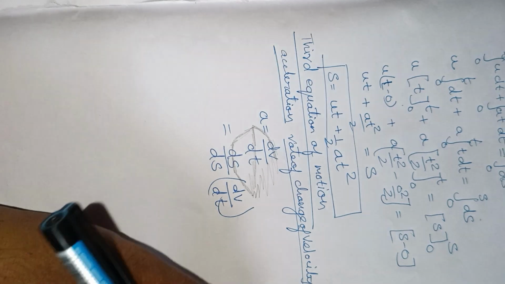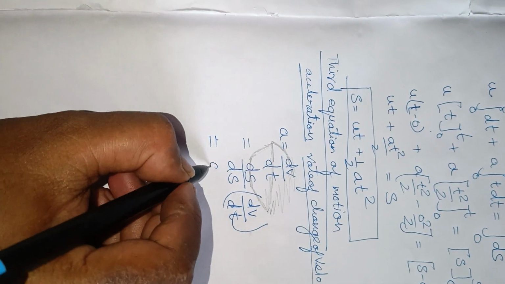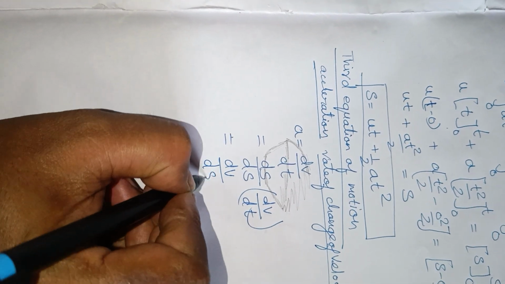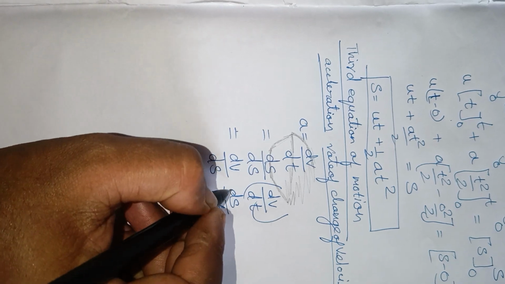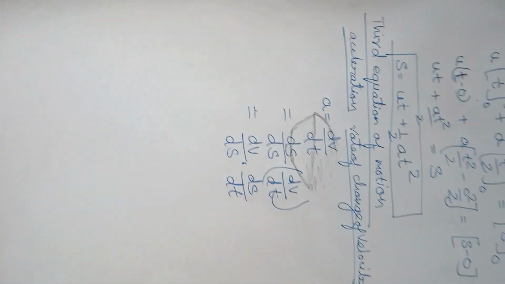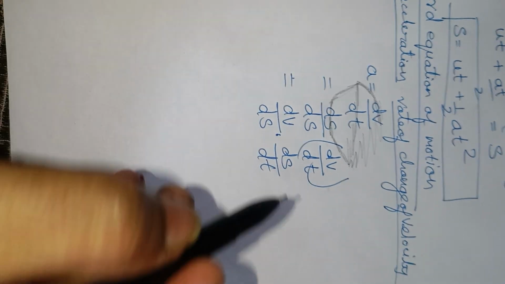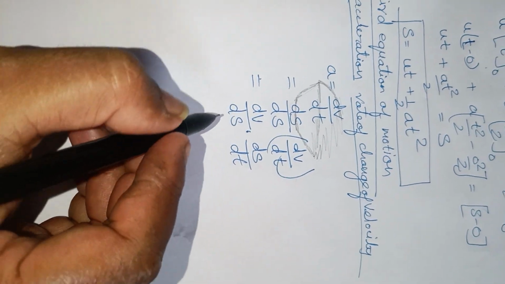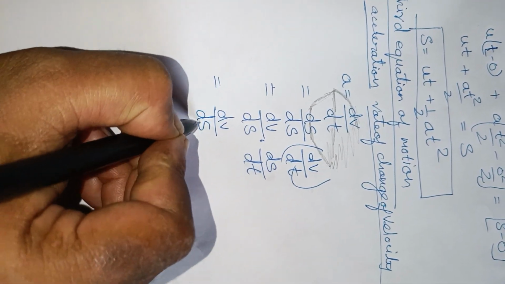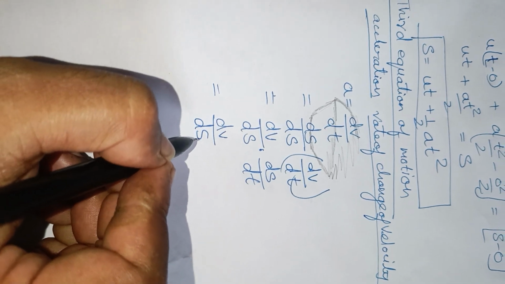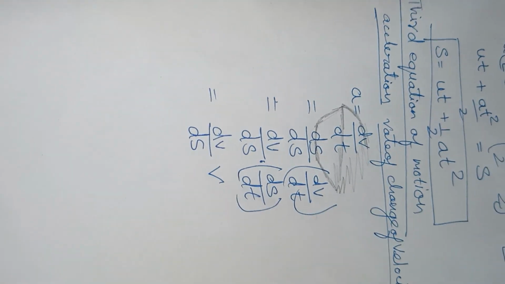We can also write dv by ds and ds by dt. We know dv by ds does not resemble any quantity, but ds by dt we can write in the form of v.